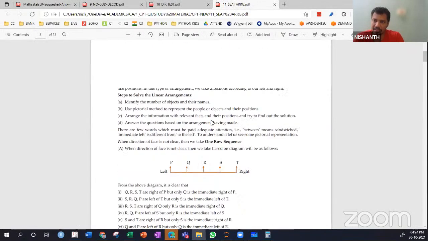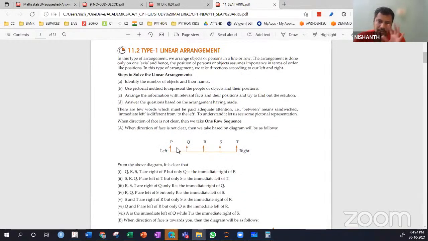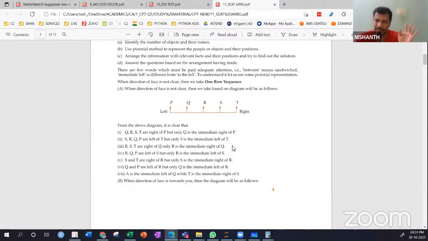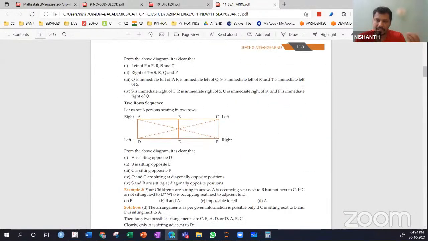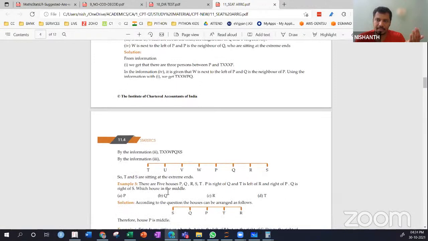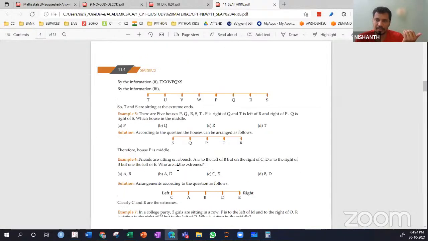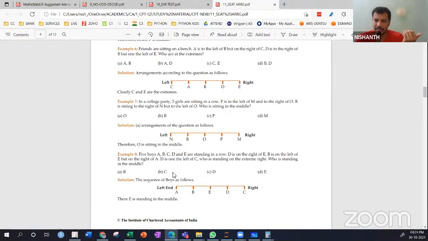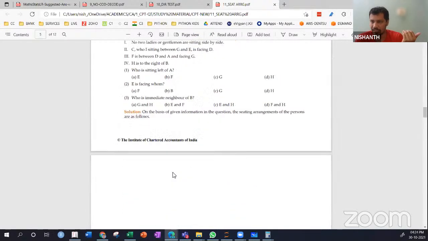Seating arrangement is something where you need to remember this: if they're not told anything, which means this is the row, your left is the problem's left, and your right is only the problem's right. If they said they're facing each other, then it becomes the opposite, so at that time it will be different.